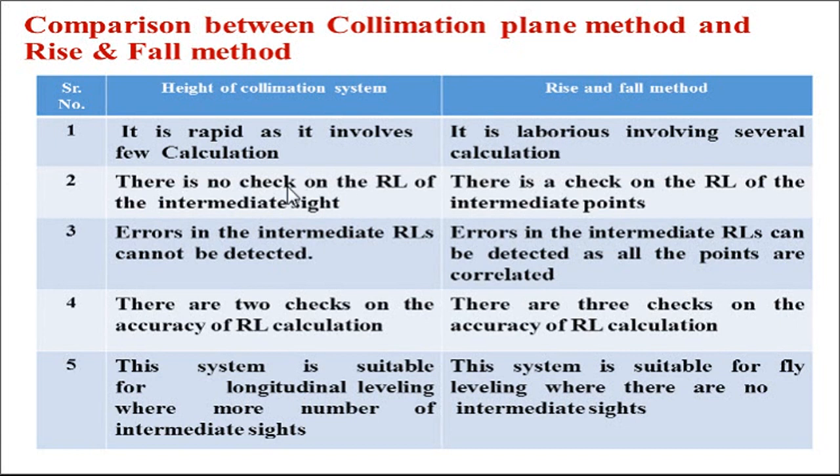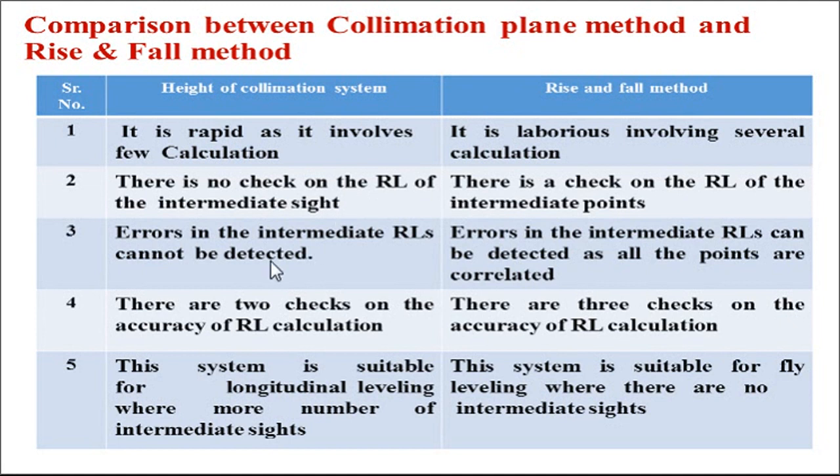Second point: there is no check on the RLs of intermediate sight readings in the height of instrument method, while in the rise and fall method there is a check on the reduced levels of intermediate points, because everywhere we are calculating rise and fall. In the collimation method we calculate the collimation plane just at a change point, and hence there is no check on RLs of intermediate points.